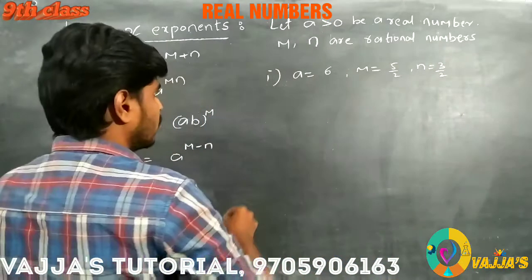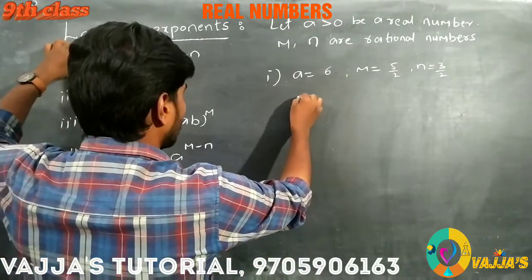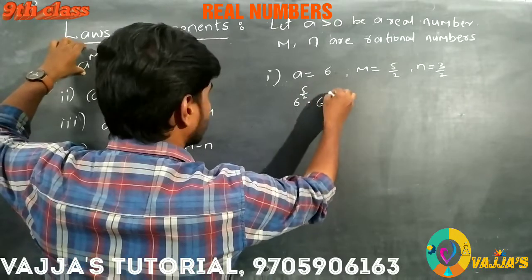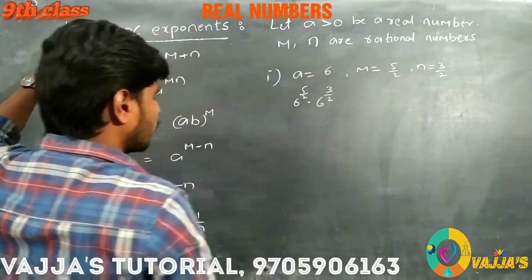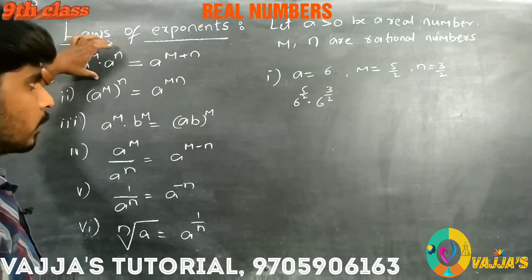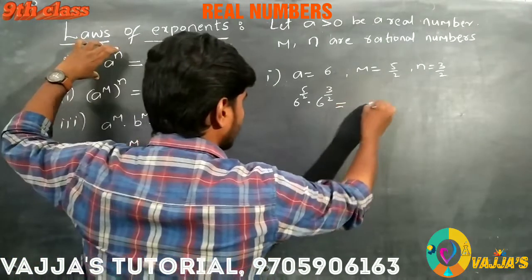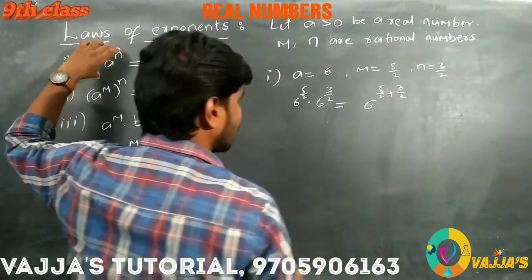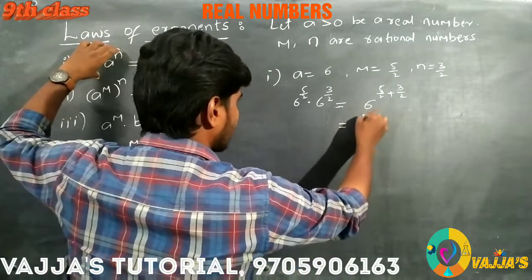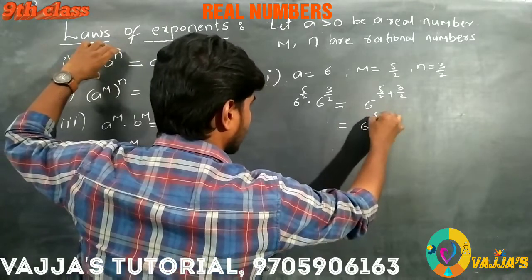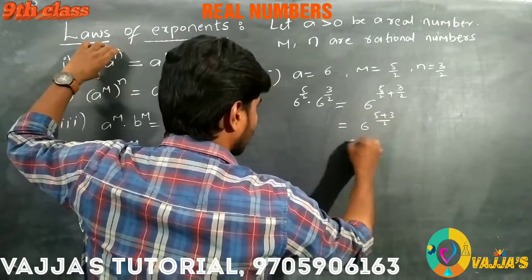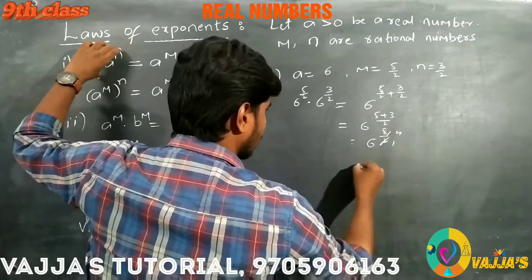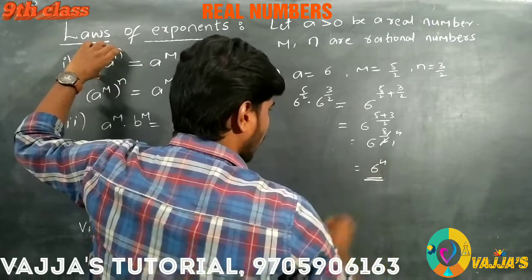So the expression is 6 power 5 by 2 into 6 power 3 by 2. This becomes 6 power 5 by 2 plus 3 by 2, which is 6 power 5 plus 3 by 2, 6 power 8 by 2. Two fours are 8, so 6 power 4 is the answer here.